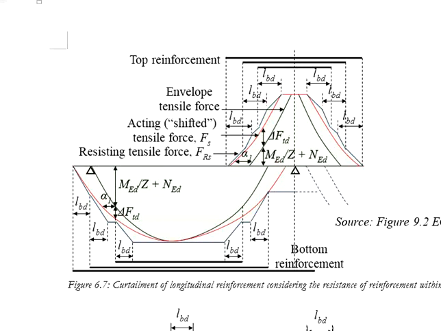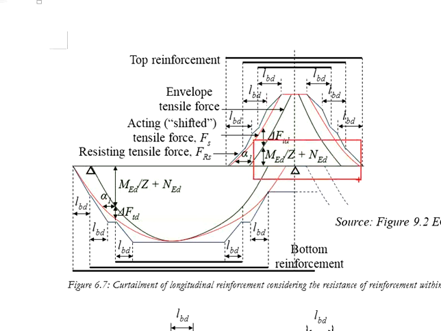This bending moment diagram is later converted into the equivalent tensile force diagram along the beam span. And this envelope tensile force diagram is represented by a formula of MED per Z plus NED.